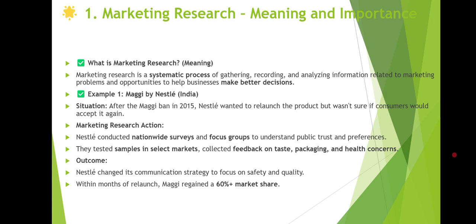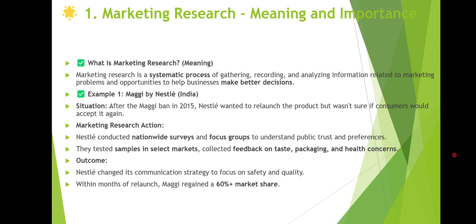For example, in India, you are aware of Maggi. Okay, so what was the situation in 2015? Basically in 2015, Maggi was banned and Nestle wanted to relaunch the product but was not sure if consumers would accept it again or not.